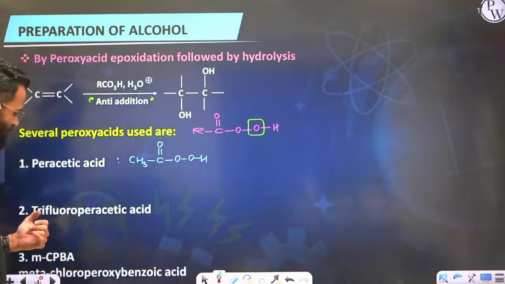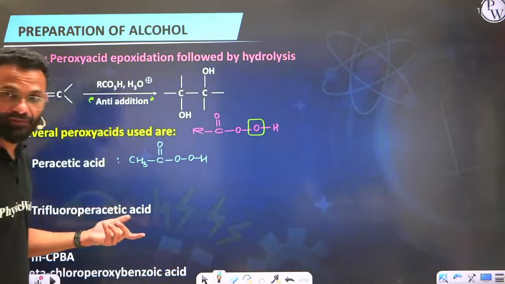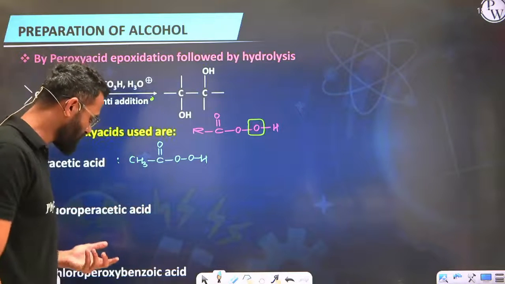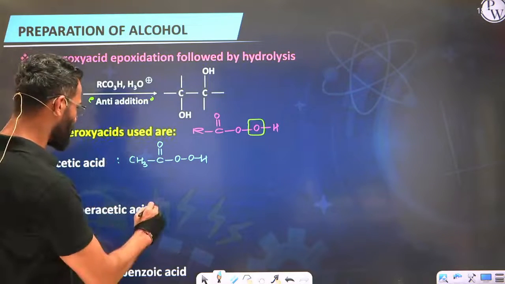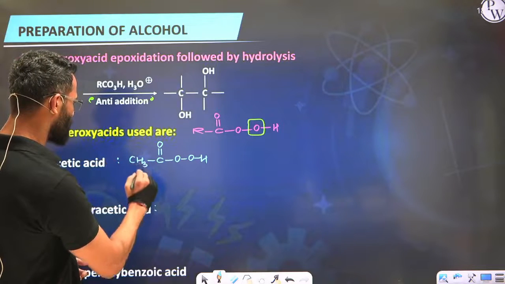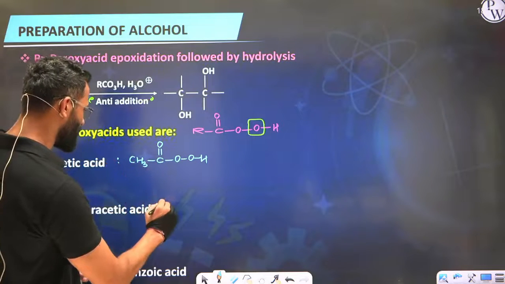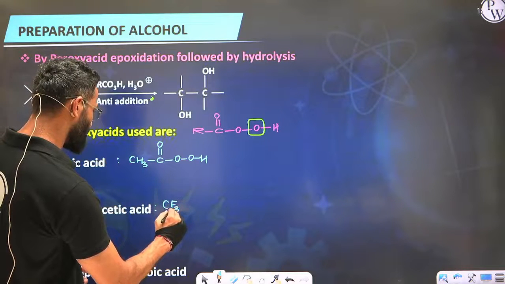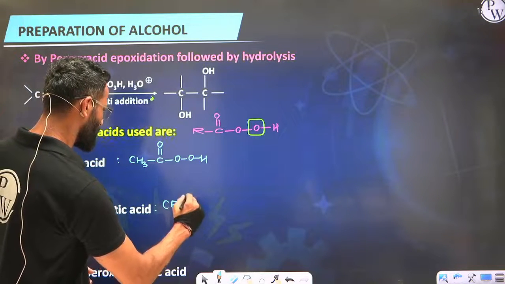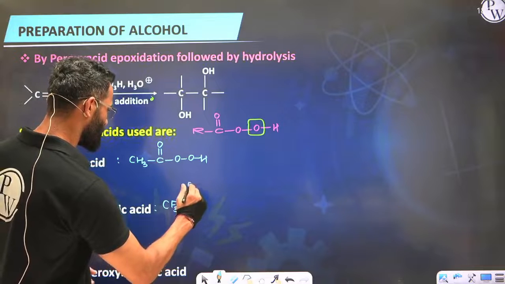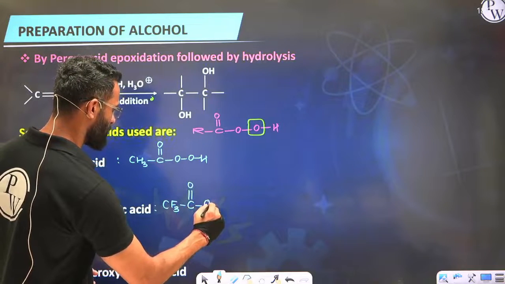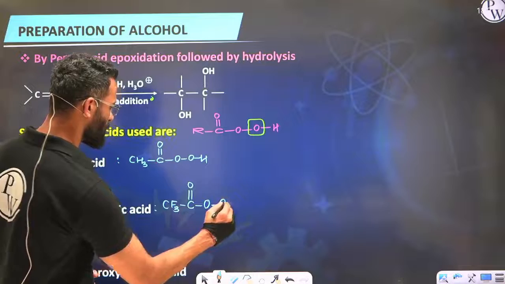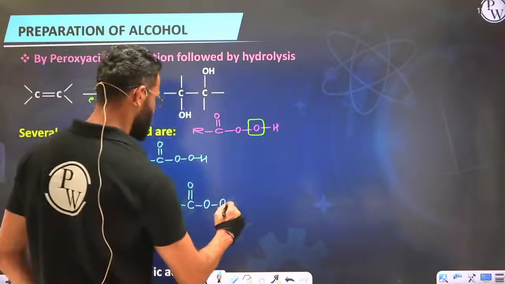The second one is trifluoroperacetic acid. Well, trifluoroperacetic acid has an electron withdrawing group, where all the three hydrogens are replaced with three fluorines, so it can be represented as CF3, C double bond O, OOH.